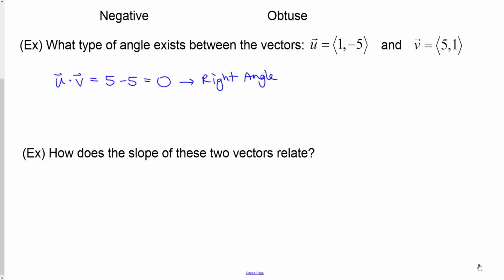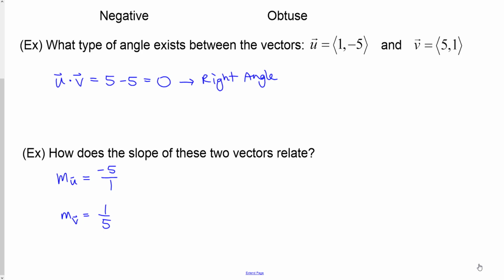How does the slope of these two vectors relate? The slope of vector u, I'll just say m sub u, is -5 over 1, and the slope of vector v is, again, y over x, so 1/5.